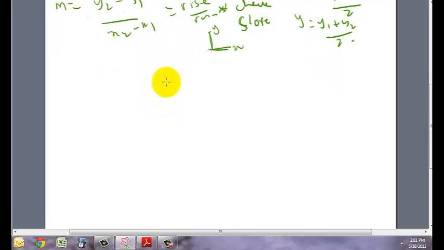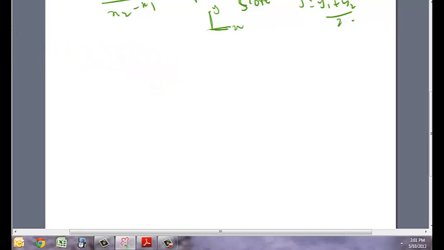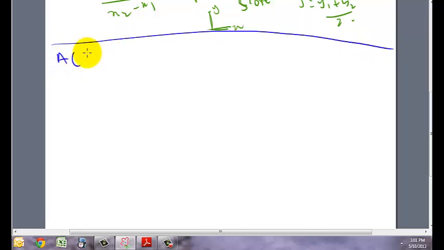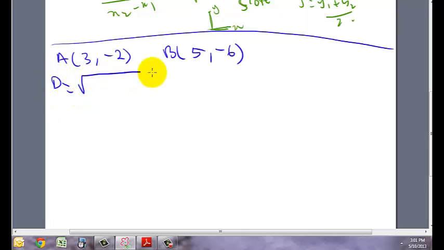All right, so let's have our actual question that's going to combine everything of this. So let me have a point. We've got A, we're going to label it 3 and minus 2, and let's do B, which is 5 and minus 6. Okay? All right, so we're going to find the distance first. So distance would equal the square root.